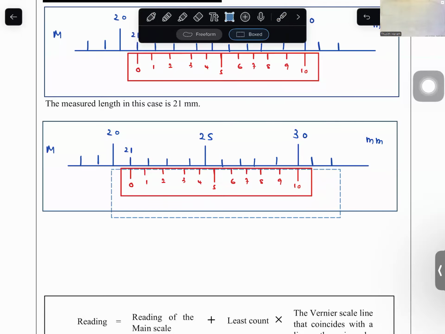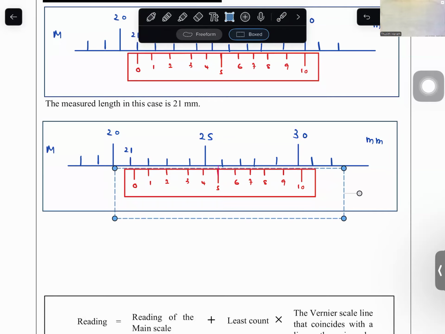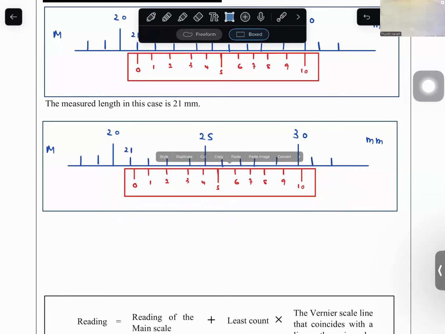You can remember the first thing we learned about Vernier scales. If I move 0.1 millimeter, the first line of the Vernier scale should coincide with the first line of the main scale. First line of the Vernier scale should coincide with a main scale line. If I move 0.2, the second line should do the same.